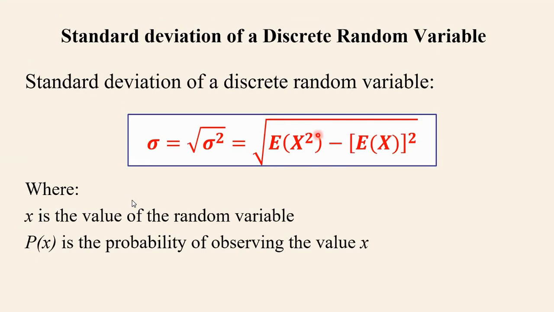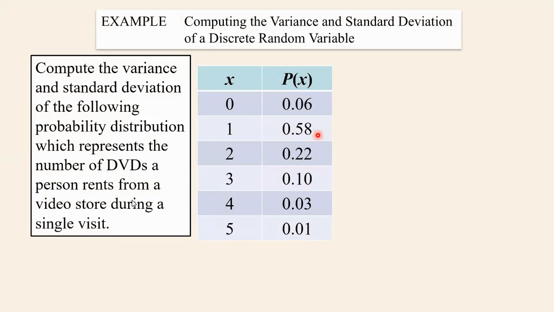Right. Now we are going to calculate the variance and the standard deviation for the example we considered just before to calculate the expected value. We are going to calculate them for the probability distribution that represents the number of DVDs a person rents from a video store during a single visit.